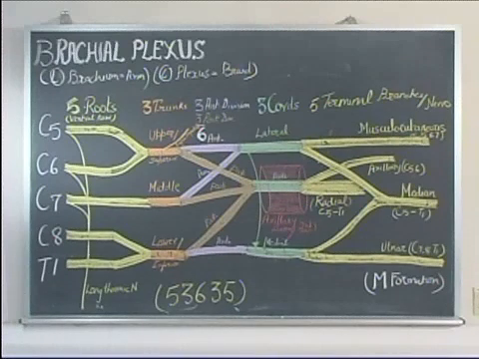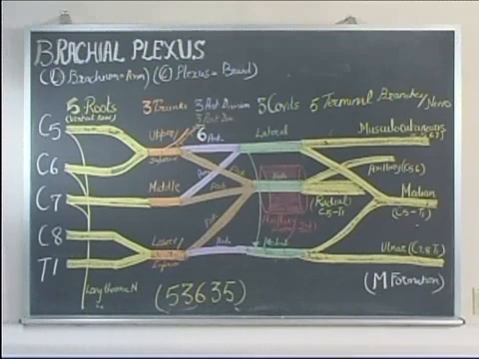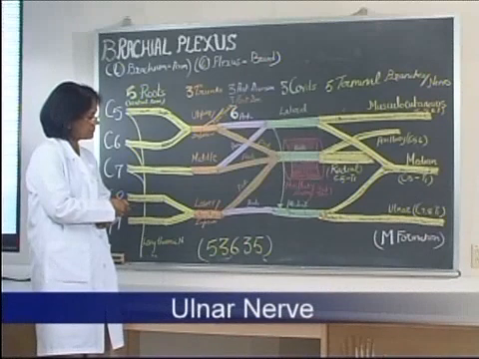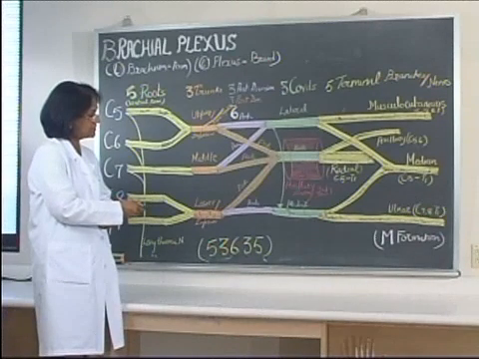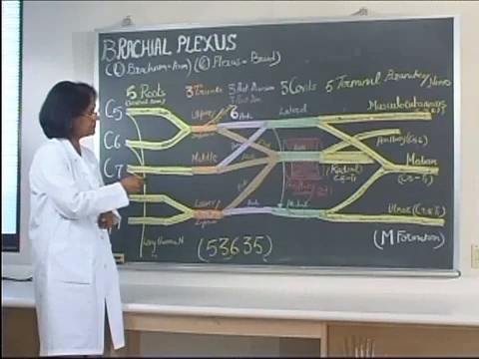A contribution is given from the lateral cord and the medial cord to form the median nerve, and C5 to T1 spinal levels form this nerve. The ulnar nerve comes out from the medial cord, and this is the configuration of the M formation.